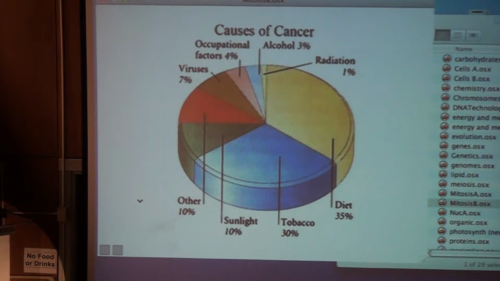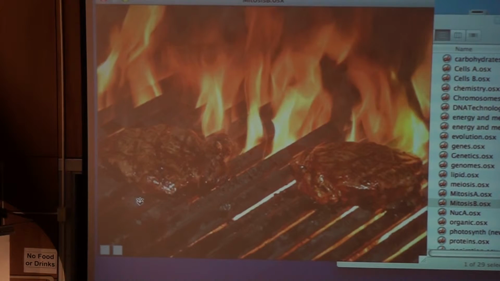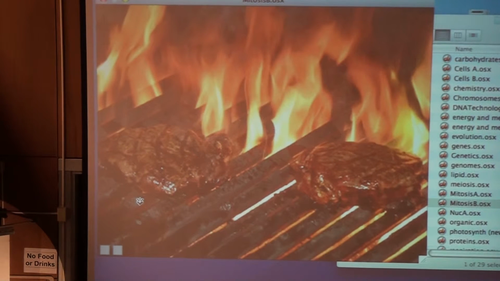Simply, what it comes down to is that some of the foods we eat have carcinogens in them, chemicals that can mutate our DNA. So when we eat the foods, we get these carcinogens inside us. A good example of that is barbecued meats, or especially overly cooked meats.